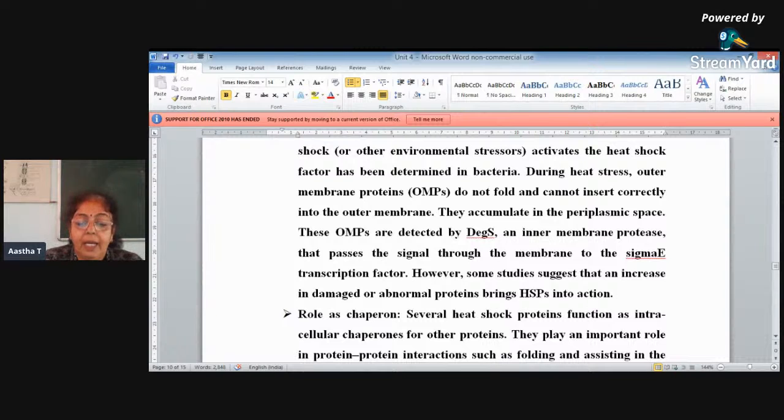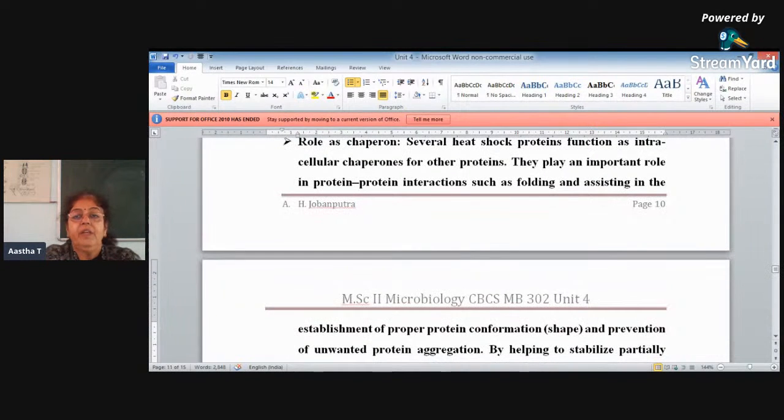Second role as chaperone. Several heat shock proteins function as intracellular chaperones for other proteins. Chaperones are proteins which help in stabilization or folding or unfolding or interactions. So they play an important role in protein-protein interactions such as folding.